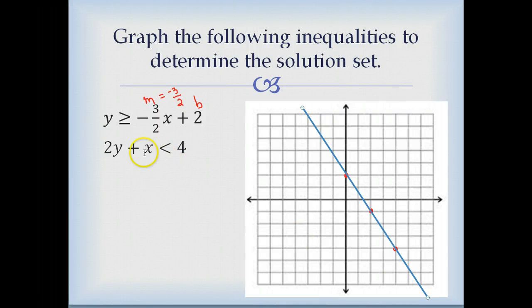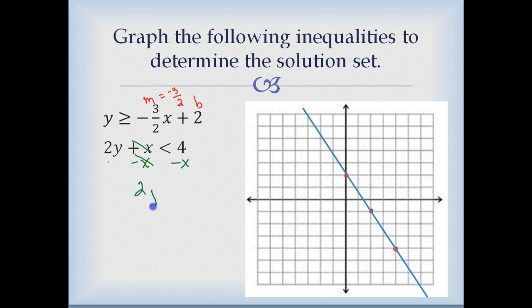Okay, so now on this other one, it is not as easy to graph because it's not solved for y. It depends on what you prefer. You can definitely solve this for y, or you can make a t-chart. I would prefer to just solve it for y. So I'm going to subtract x from both sides to make that cancel.